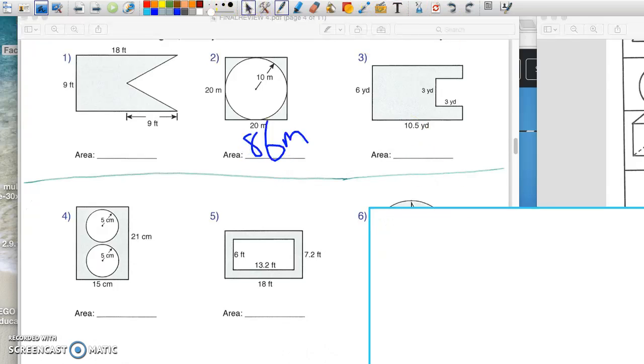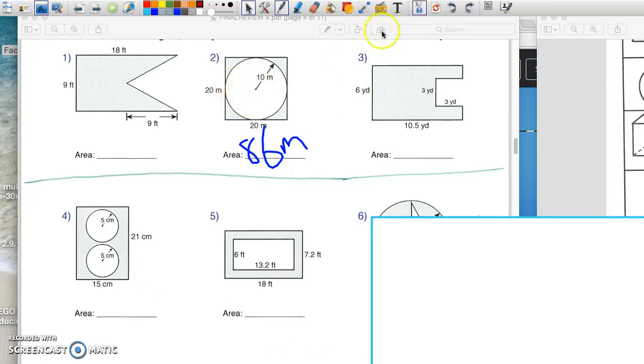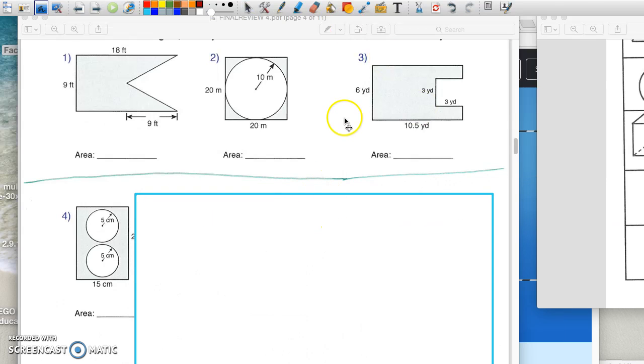Alright, whoops. So now, let's try number 3. Alright, number 3, I see a large rectangle. So I'm going to do length times width.